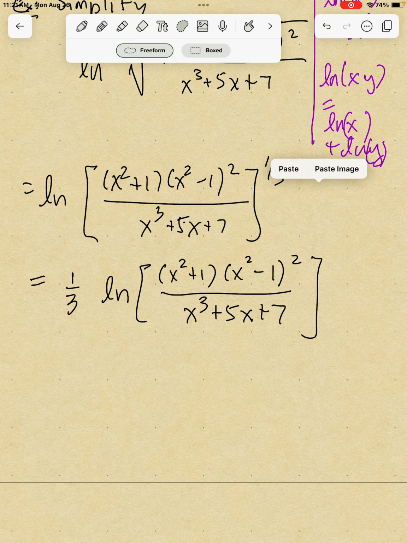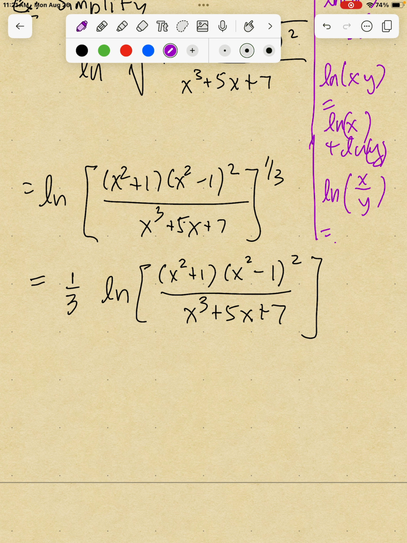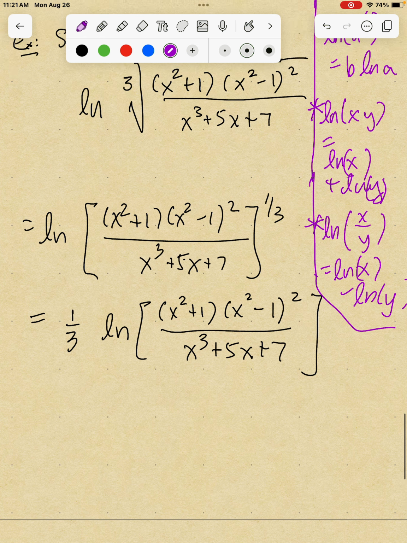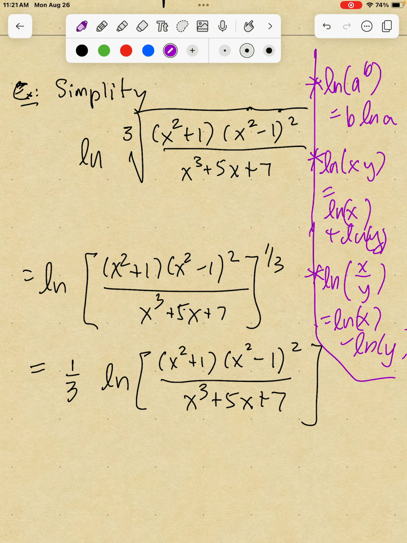So another property of natural log is that if you have ln of x over y, this is ln of x minus ln of y. Okay, it's related to the previous one, so let's just star these. It's related to the second one because I can write x over y as x times 1 over y, and then that will give me ln of x plus ln of 1 over y.